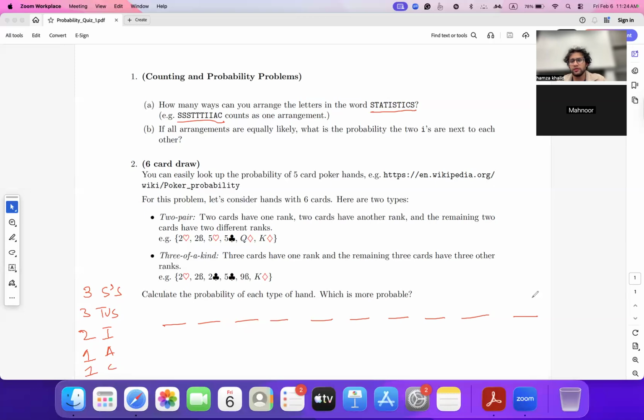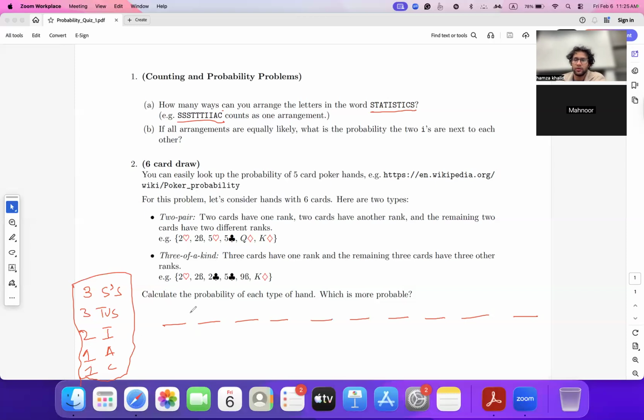And you want to fill these slots with these letters. Does that make sense? Yeah. That would be exactly the same as the answer to the A part, the number of ways you can arrange the letters in statistics, right? So, what do you think the answer would be?